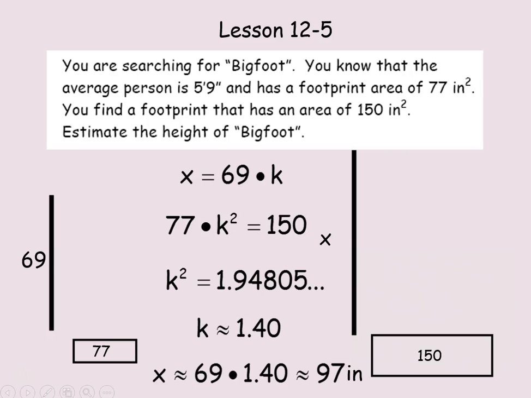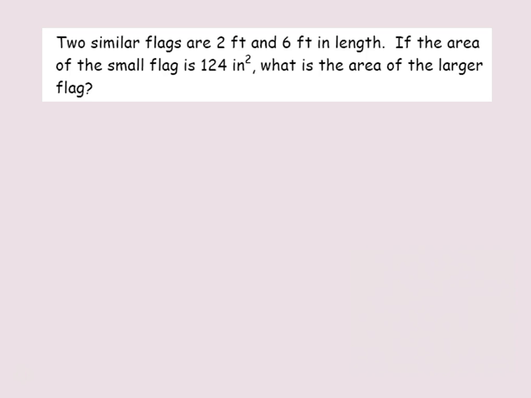That's what we can guess based on the fact that we know that these footprints, we have those areas because we can see them and measure them, are related by the scale factor squared. Square rooting that scale factor gives us what we're looking for, which is the 1.4, and then multiplying those two gives us our suspected height of 97. So there we go from area to length.